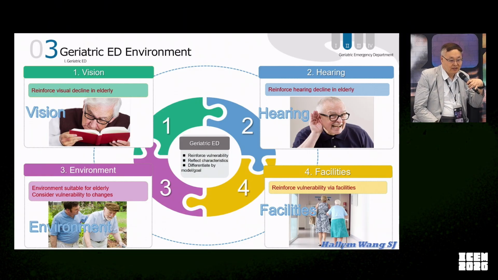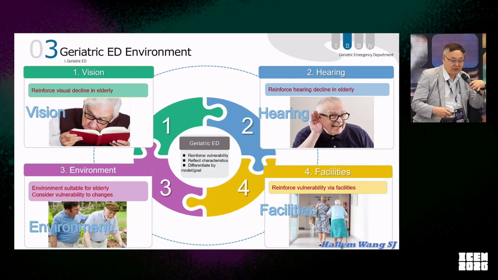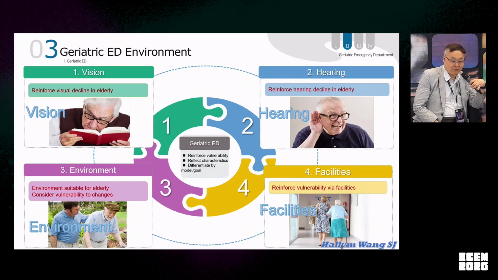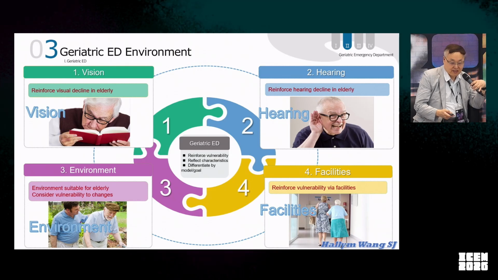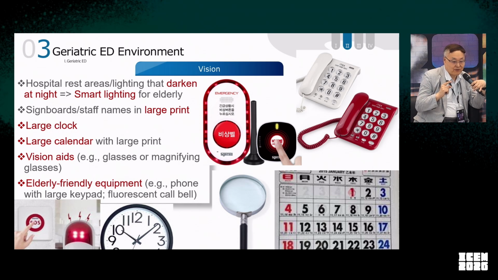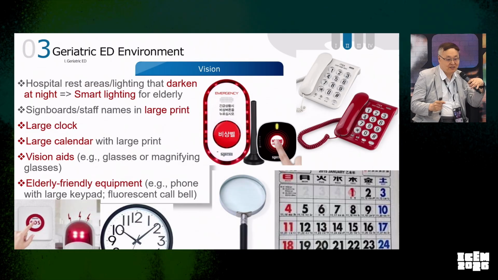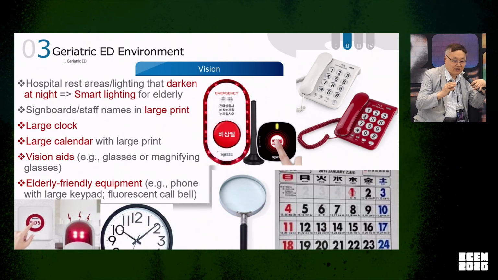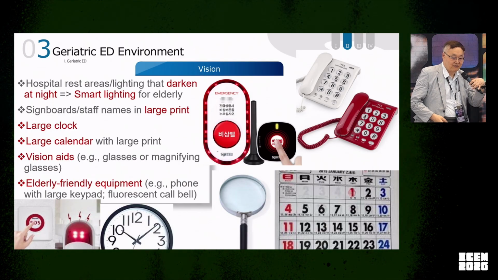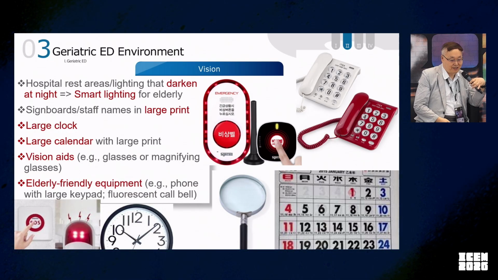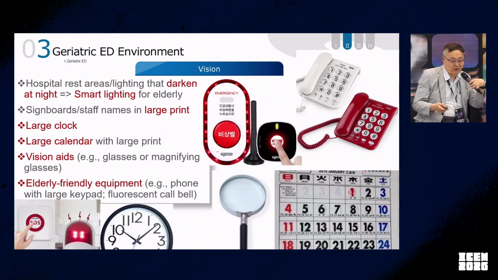I'd like to talk about the geriatric emergency department environment. There are 4 factors for geriatric patients: vision, hearing, environment, and facilities. For vision, lighting is very important, especially as lighting darkens at night. So I recommend smart lighting, and every character should be large print: signboards, staff names, even the clock and telephone characters. Vision aids are also important.